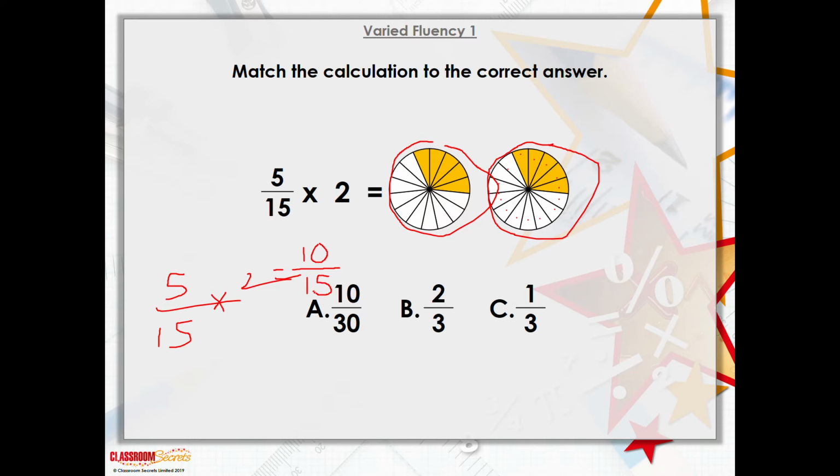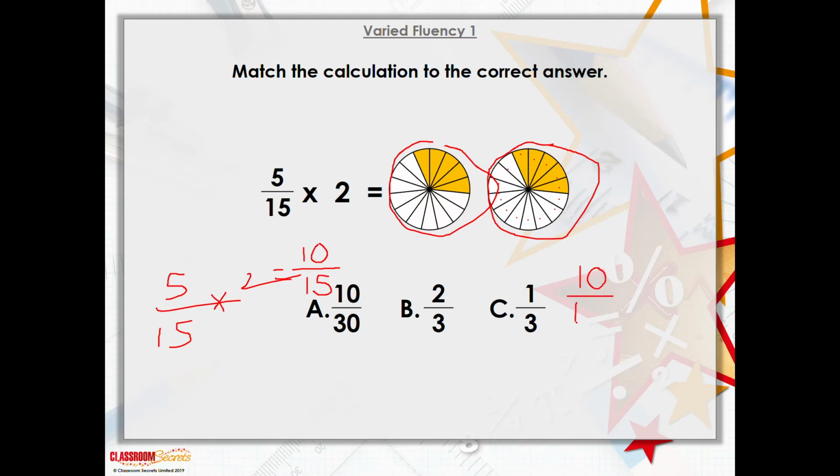So we've got 10/15. Now, like one of the problems we had yesterday, I'm looking at my answers, and one says 10/30, so that doesn't match up with my answer. One says 2/3, and then C says 1/3. So what I need to do is simplify this fraction, which is 10/15.